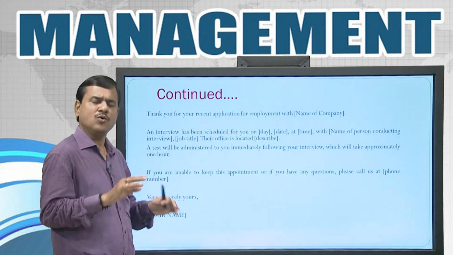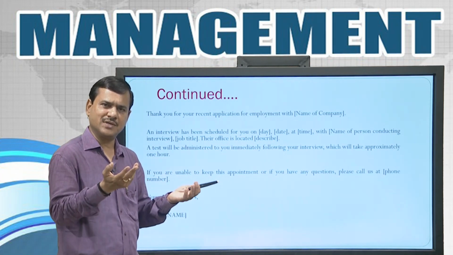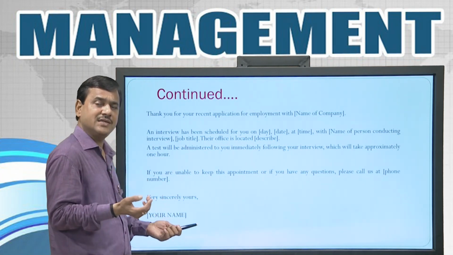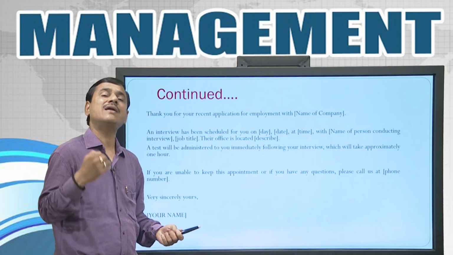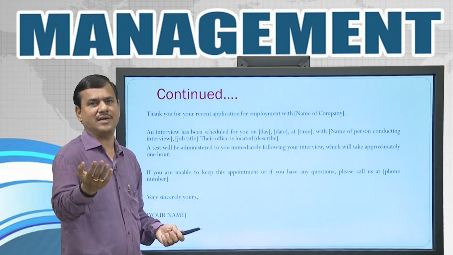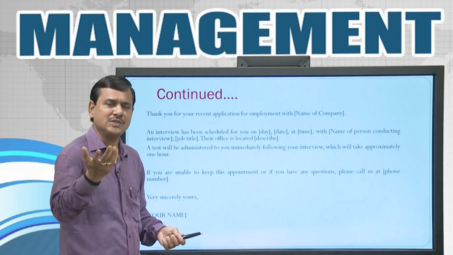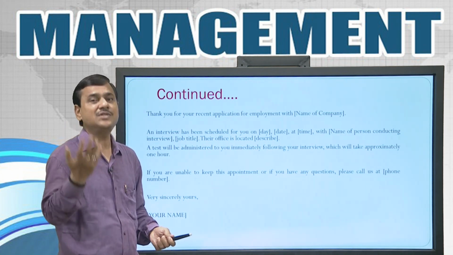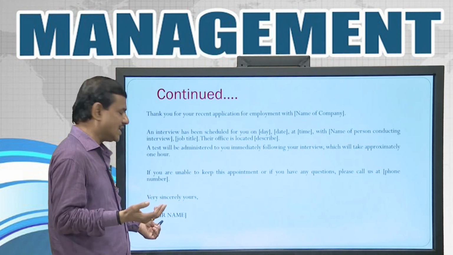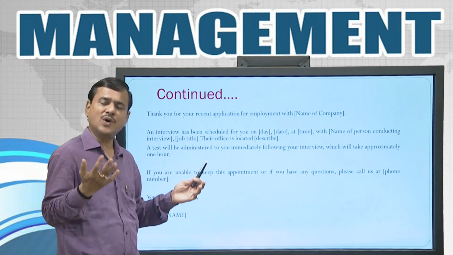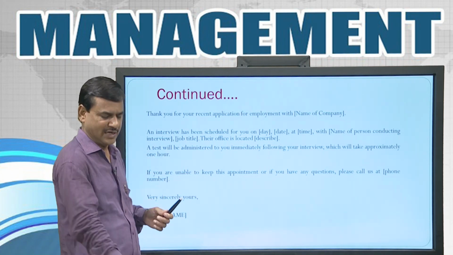This letter could have been typed by any person, but when you put the signature, that means you are entitled to send this letter, you have the authority to send this letter, and you are responsible for this letter. So, your signature is here. So, this is one example of a call letter.